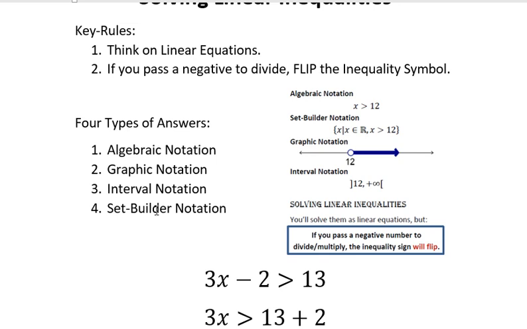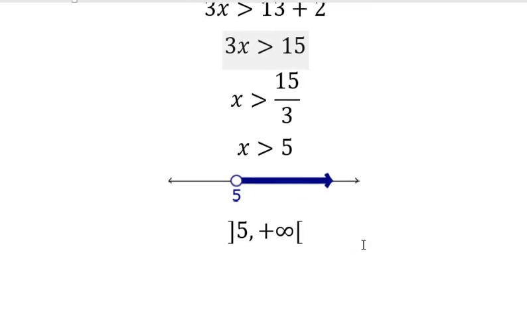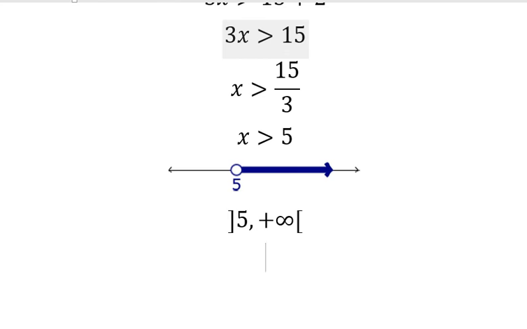Now I have to put the set builder answer. For the set builder answer, I'm not gonna use brackets, I'm gonna use braces. The braces are basically curly brackets.